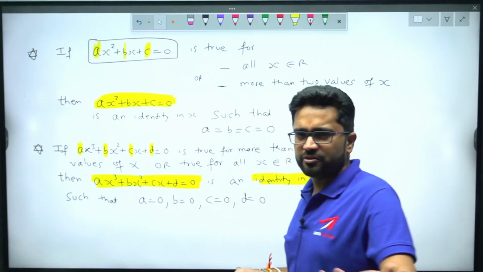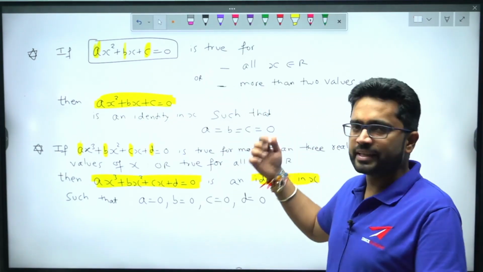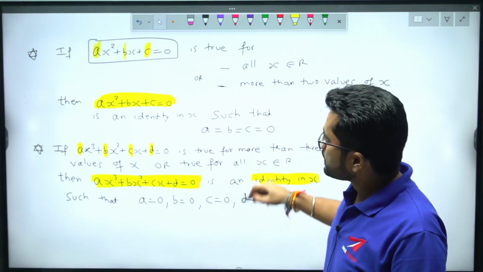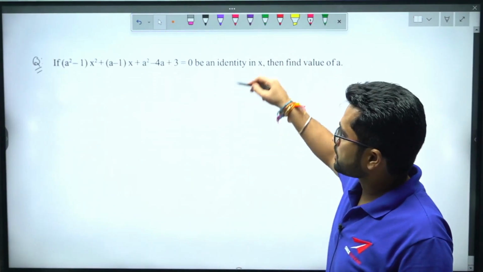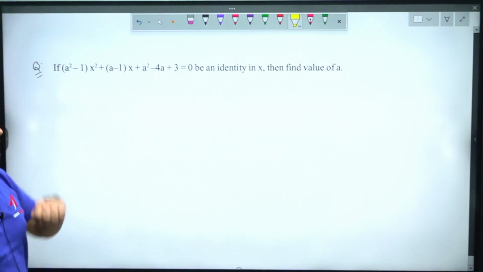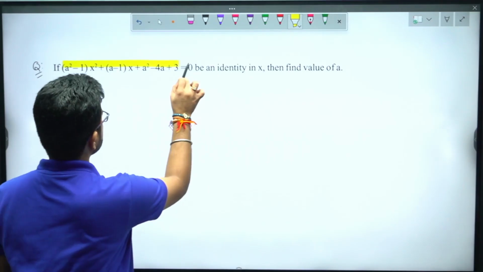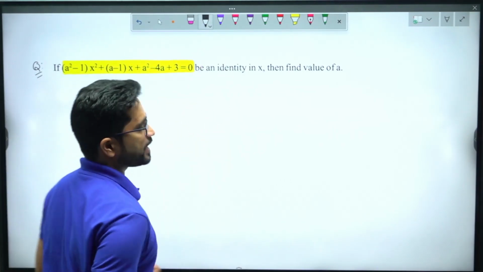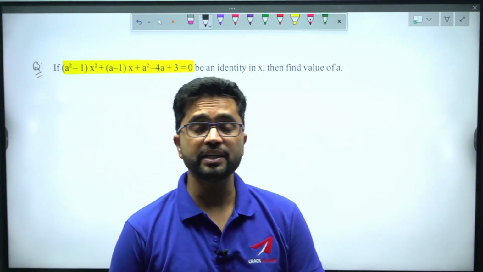Now let's have a very beautiful, very basic question to understand any identity of any type. This is quadratic identity, this is cubic identity. Yes, let's have this question, guys. Read the data. If this particular thing be an identity in x, now they can use any wording.